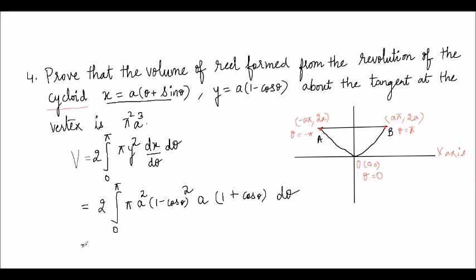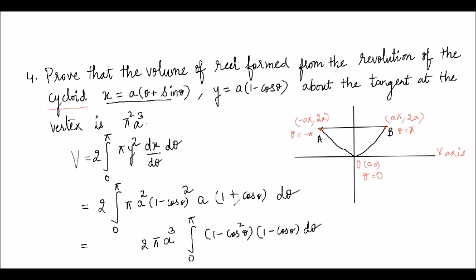So let us take all common constant terms outside. 2 pi a cube, and the limits are 0 to pi, and we can rearrange and write it as 1 minus cos square theta: (1 minus cos theta)(1 plus cos theta) becomes 1 minus cos square theta, and we have one more 1 minus cos theta.